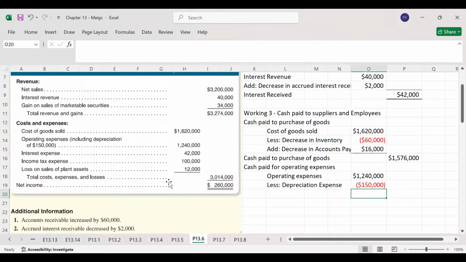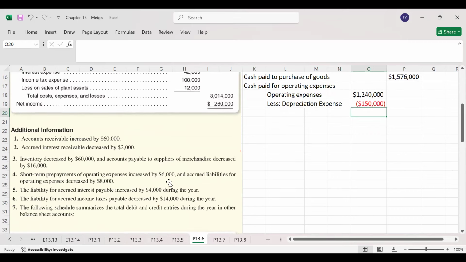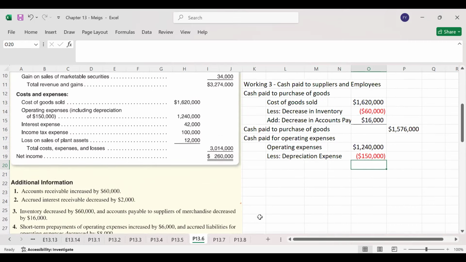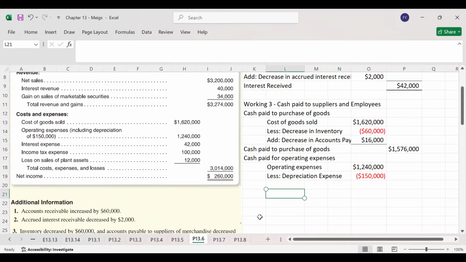Any increase in prepayments should be added to the operating expenses. So add the increase in prepayments, and these prepayments are for operating expenses, and the amount given is $6,000.